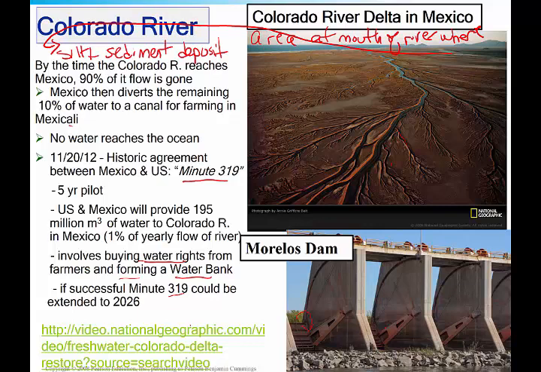So in order to meet the goal of this water bank, the water trust, so that there would be enough water added back to the river to make it to the ocean, what percent of Mexicali farmland would have to sell the water rights? What percent? That's what I would like you to answer after you watch the video.